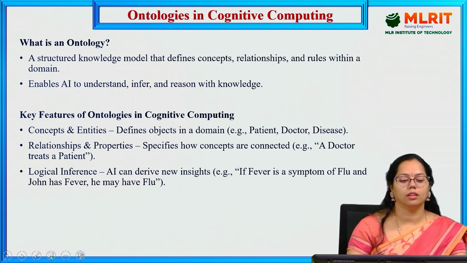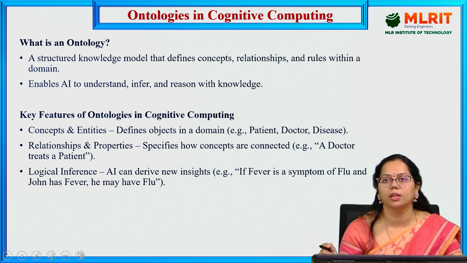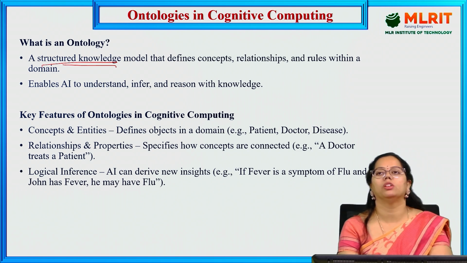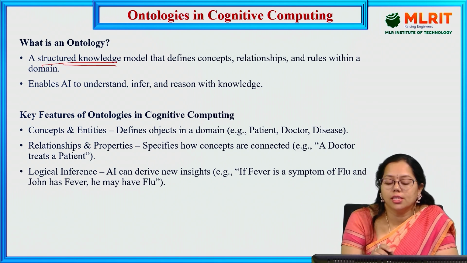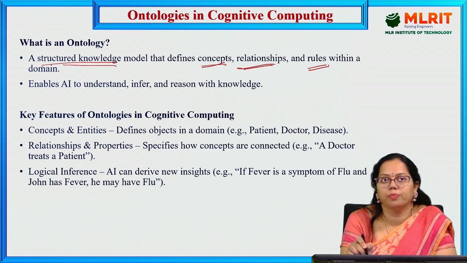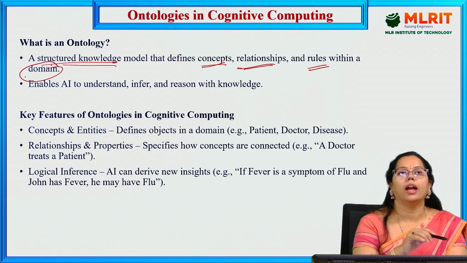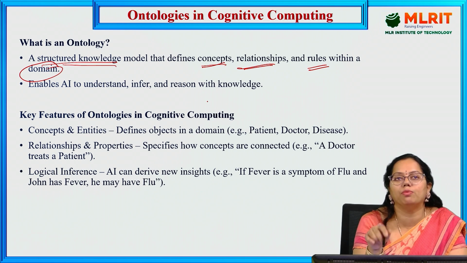Next, this is all about taxonomies. What is ontology? Ontology is a structured knowledge model that defines concepts, relationships and rules within a domain, and also enables AI to understand, infer and reason with the knowledge.